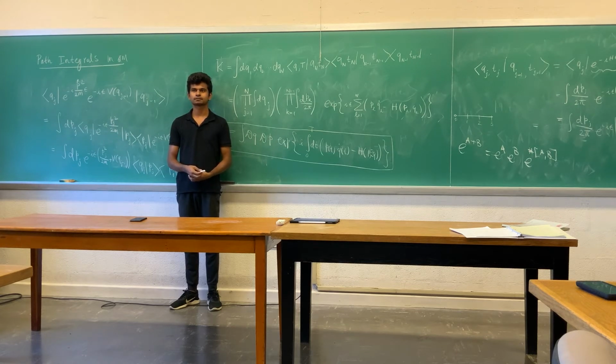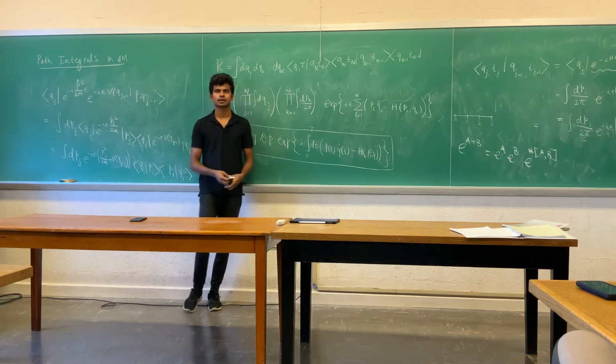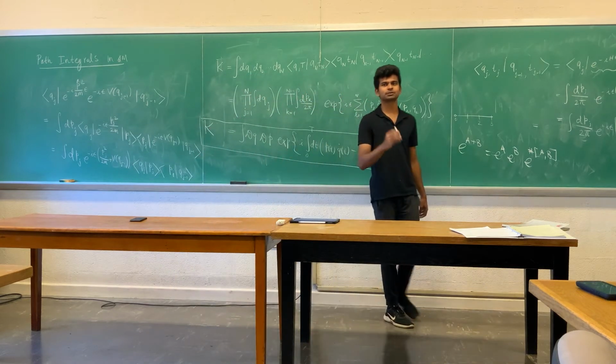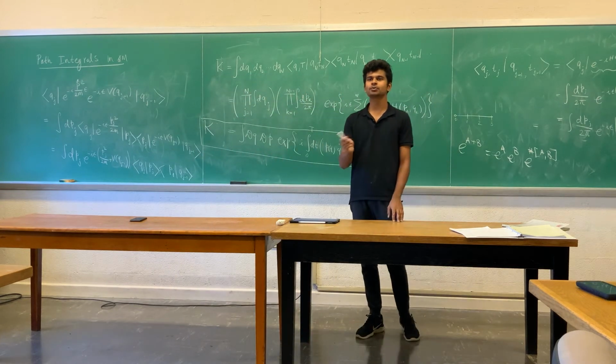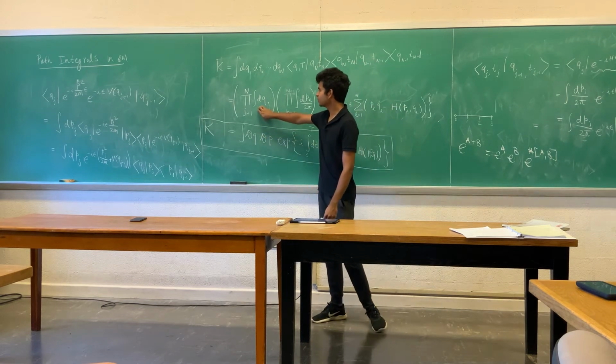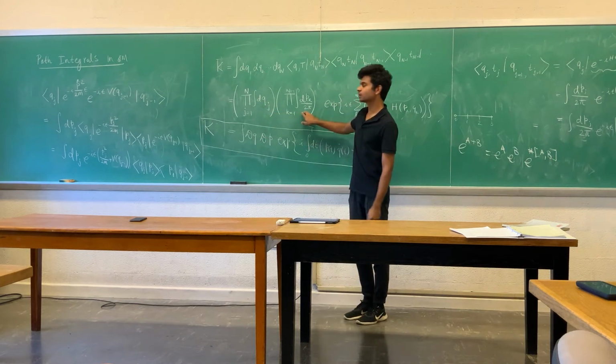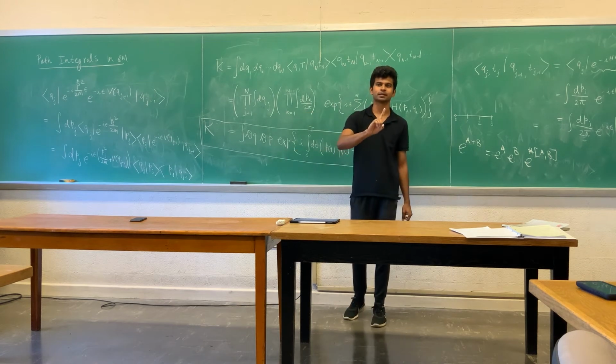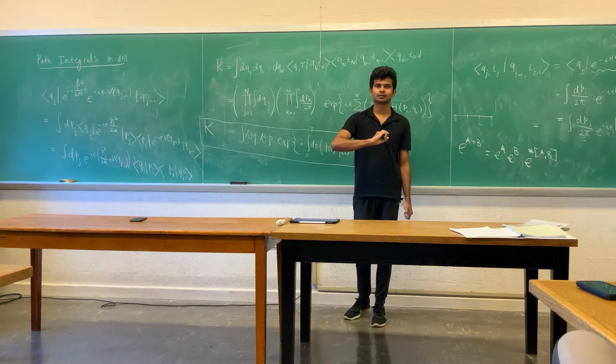We have set h bar to 1, so q times p has no dimensions. But we have n q's here and n plus 1 p's, so there is an extra p. Is that consistent?